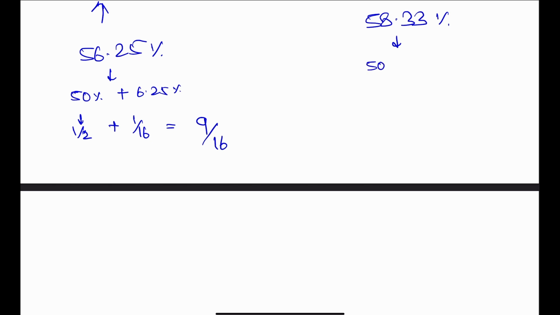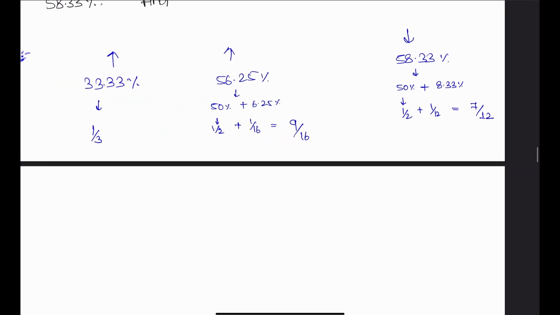This is again 50% plus 8.33. I suppose 1/12, right? 1/12 is 8.33. Yeah. So 1/12. So it is nothing but 1/2 plus 1/12. So eventually it will be 12, 6, 7, 7/12.